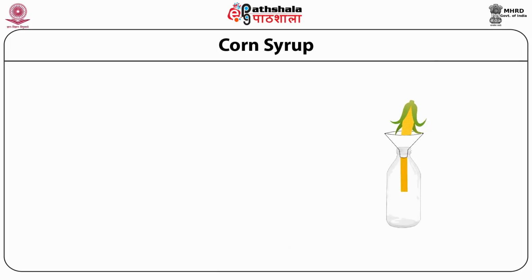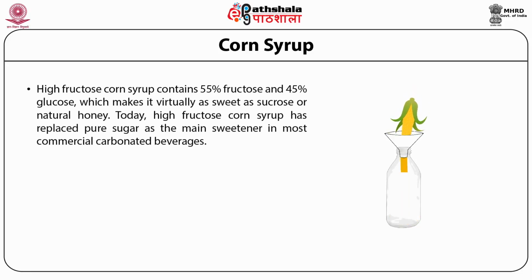Dear students, the next type of liquid sugar is corn syrup, which is also a very well known and widely used type of sugar. High fructose corn syrup contains 55% fructose and 45% glucose, which makes it virtually as sweet as sucrose or natural honey.